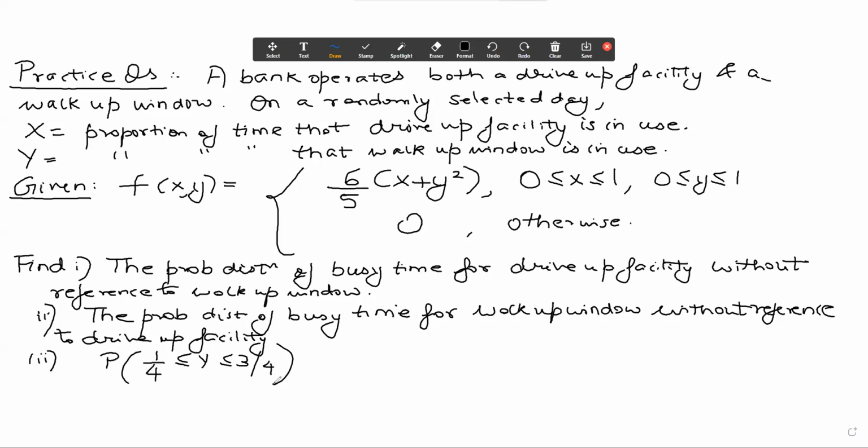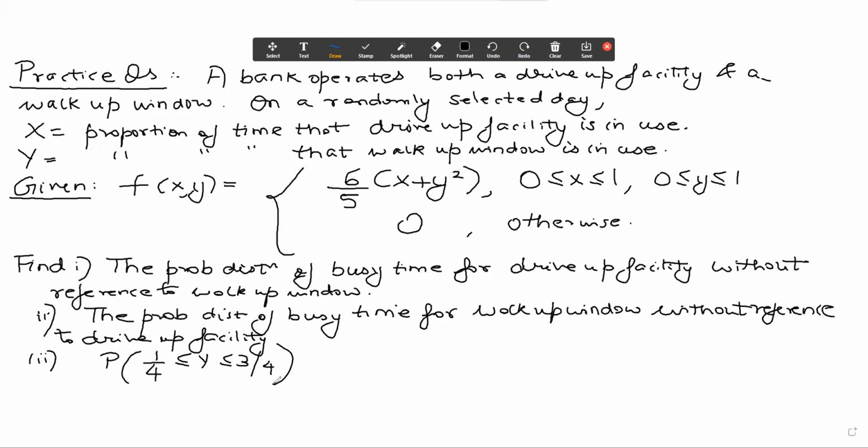The question asks us to find the probability distribution of the busy time for the driver facility without reference to the walk-up window, then for the walk-up window without reference to the driver facility. The third point, find the probability that Y lies between 1/4 and 3/4.